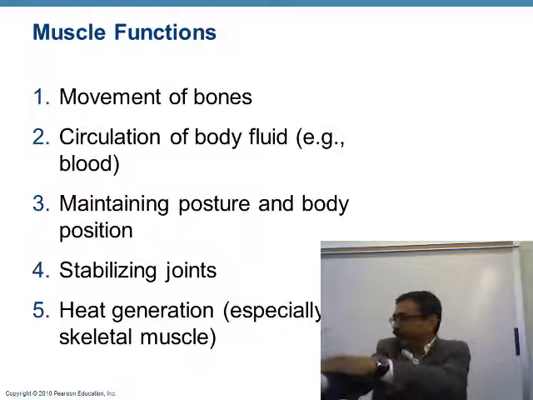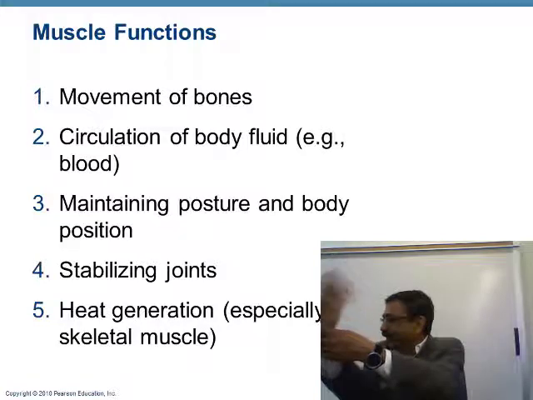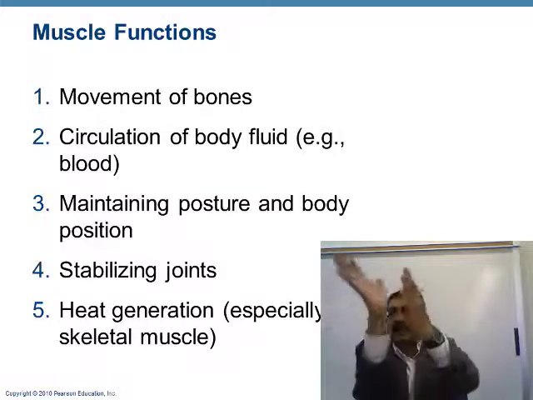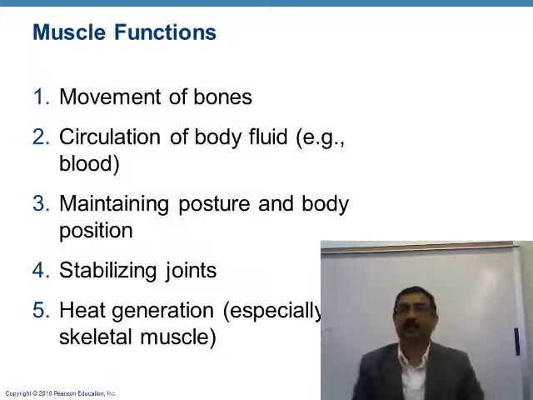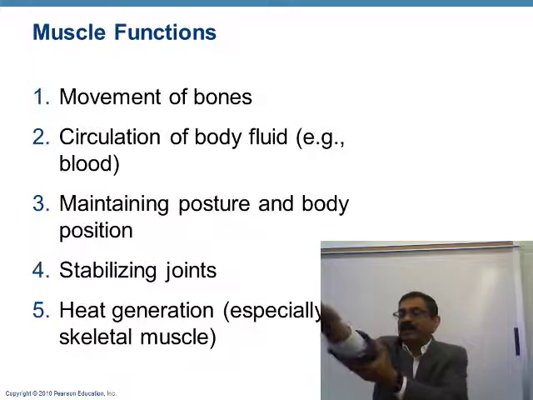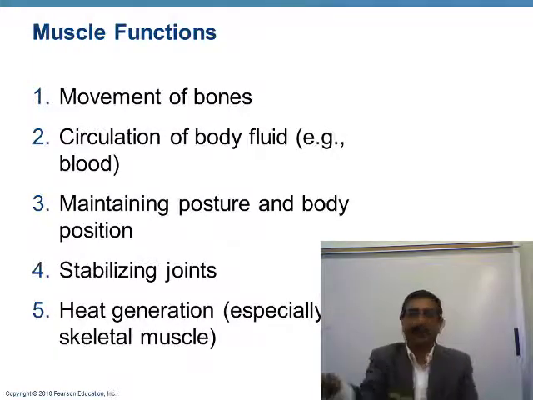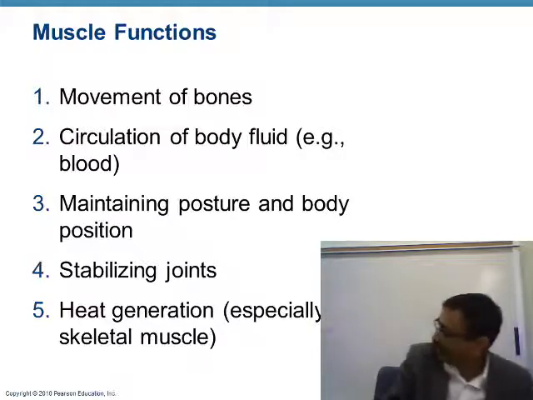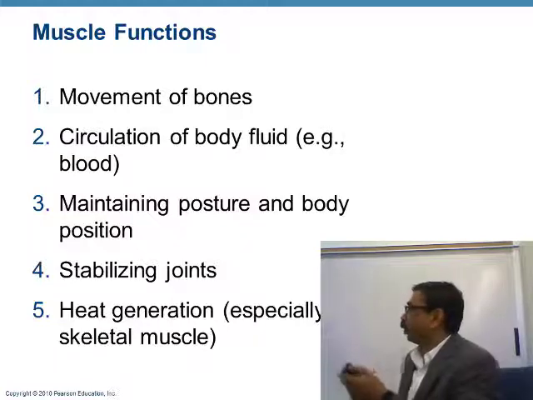Those muscles originate here, go to the hand, right? So they cross the wrist joint, right? So those muscles arise here, they go to the fingers, right? So they cross the joints. And by crossing the joints from different directions, the muscles also stabilize the joint. So the joints are stabilized because the muscles cross the joints.